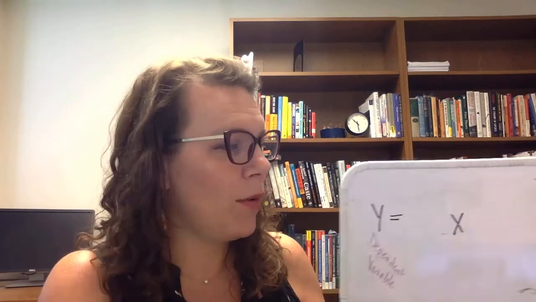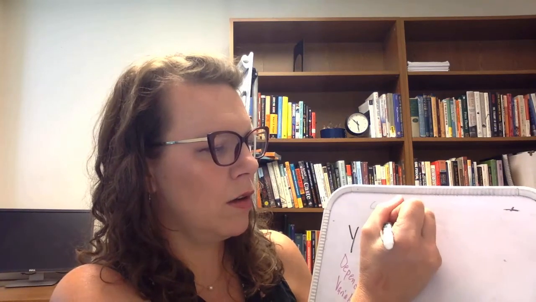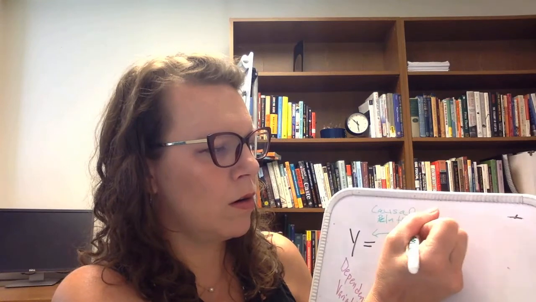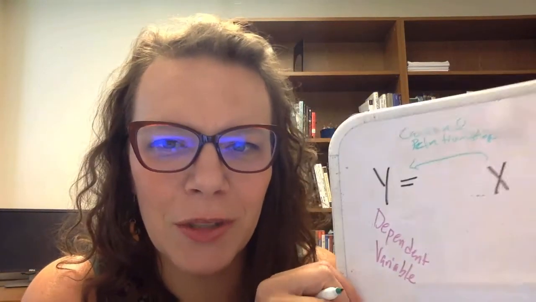Something like that. What the regression is telling us is that there's a causal relationship. Not casual, causal. So we have a causal relationship between x and y.